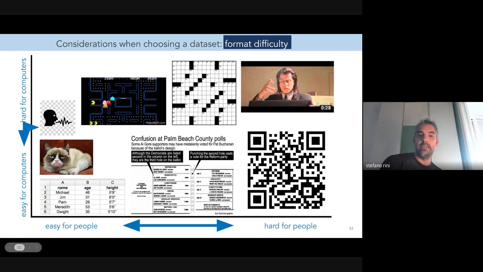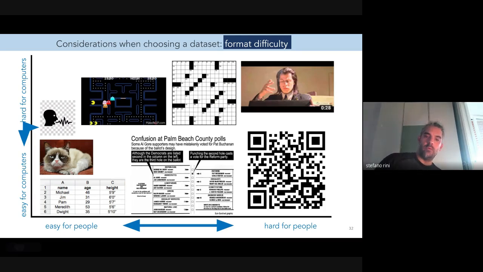The table is very easy for a person to work with because we can visually inspect the data set. So in this case, we have a data set of people, their age and their height, very easy for us to analyze. But it's also very easy for computers to analyze because it's just data entries, right? So we will have just some digits. We can represent the digits with floating point 16 and whatever, we can move on.